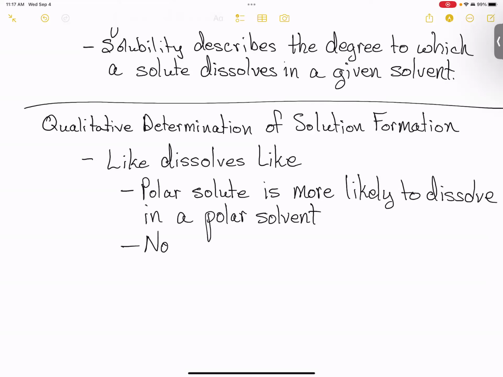And nonpolar solutes want nonpolar solvents.